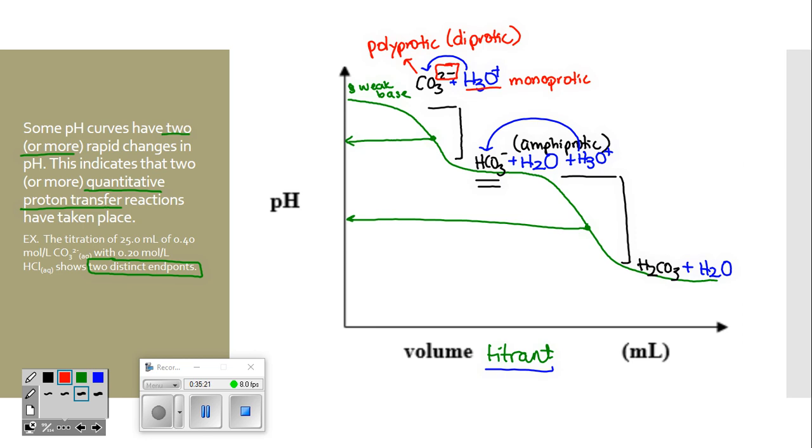Things that have negative charges greater than 1, so like -2, -3, should be able to accept more than one hydrogen ion, so we would call them polyprotic. Now, I said that hydronium was monoprotic. For the acid to be polyprotic, there would need to be more than one hydrogen that could be donated, and hydronium is just going to donate one hydrogen.